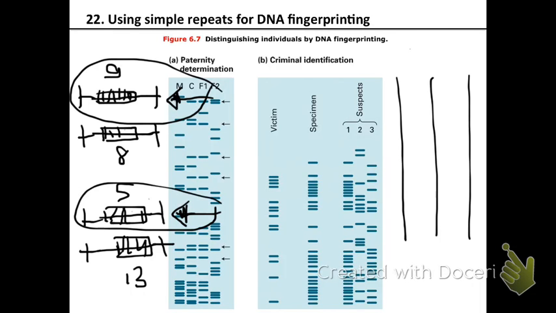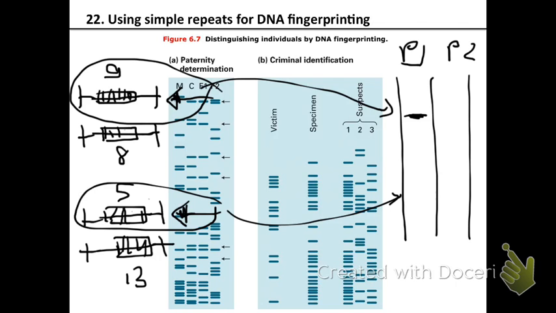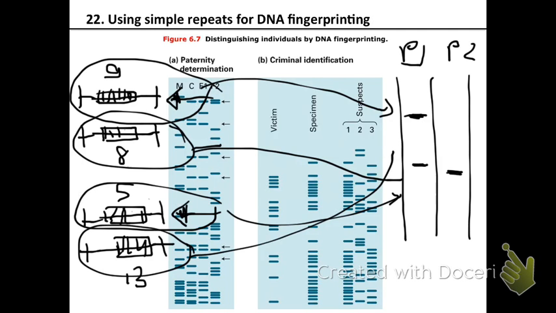So this is person 1, and that's person 2. This is going to run higher, and in this person, that's going to run lower, right? And for that person, it's going to run lower, and for this person, it's going to run higher.